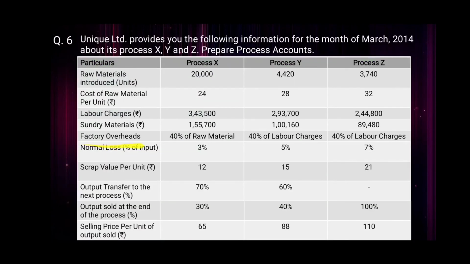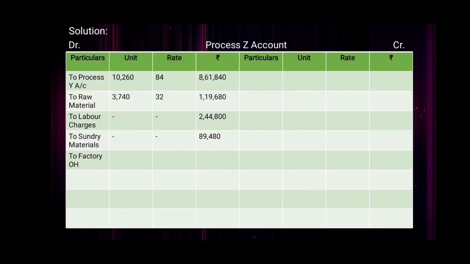Now, factory overheads is given as 40% of labor charges. So 40% of labor charges being 40% of 2,44,800, which will be 97,920.